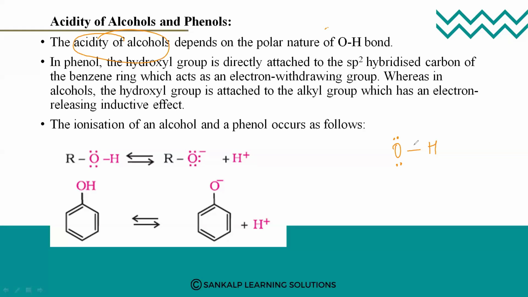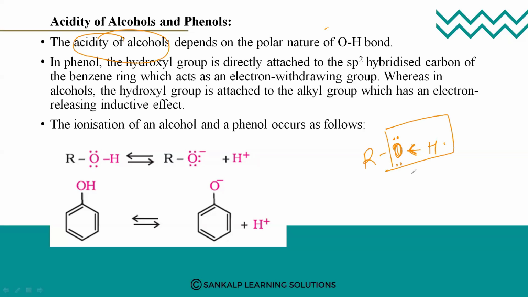Because of that it is polar, so it will tend to pull the electron towards itself. So the acidity of alcohols depends on the polar nature of this OH bond.